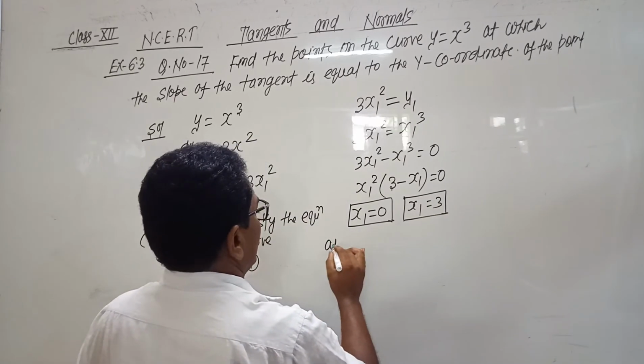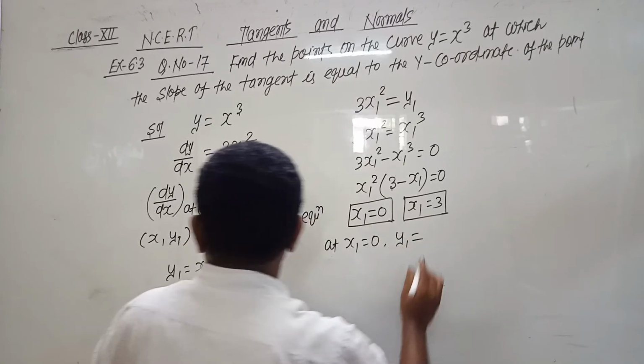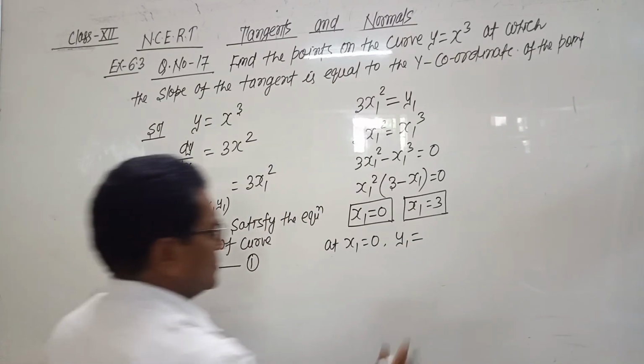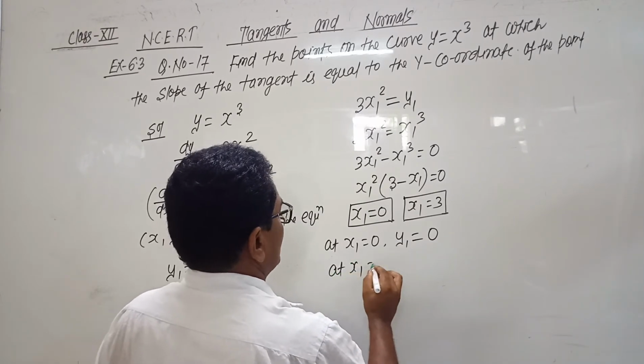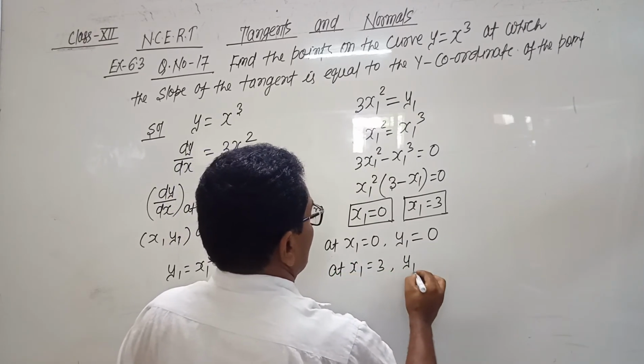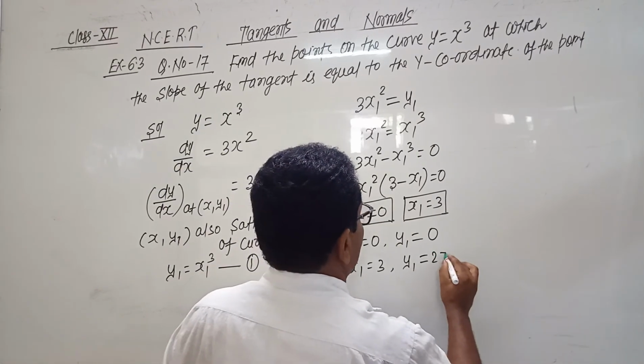So at x1 equals 0, the value of y1 is also 0, and at x1 equals 3, the value of y1 is x1 cube, which means 3 cubed, 27.